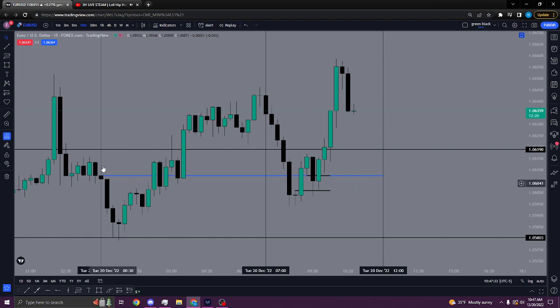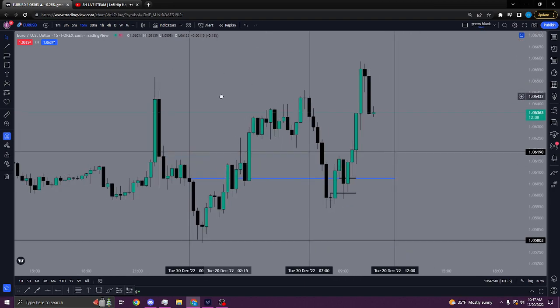Exactly on that opening price, see? So when price trades back below this opening price and into this fair value gap, your chances of your buy working is very high.